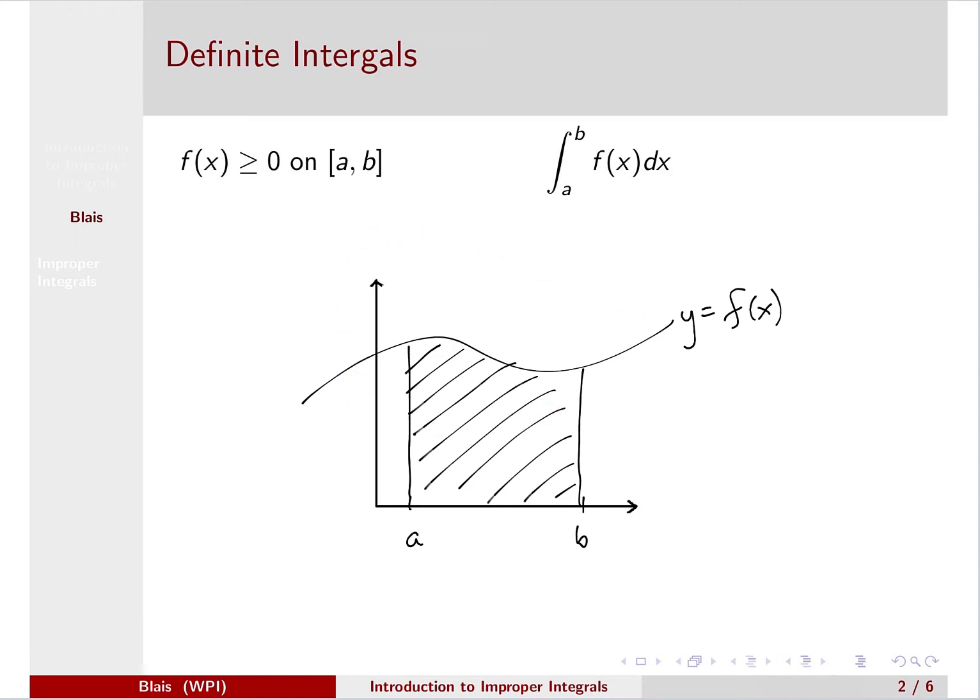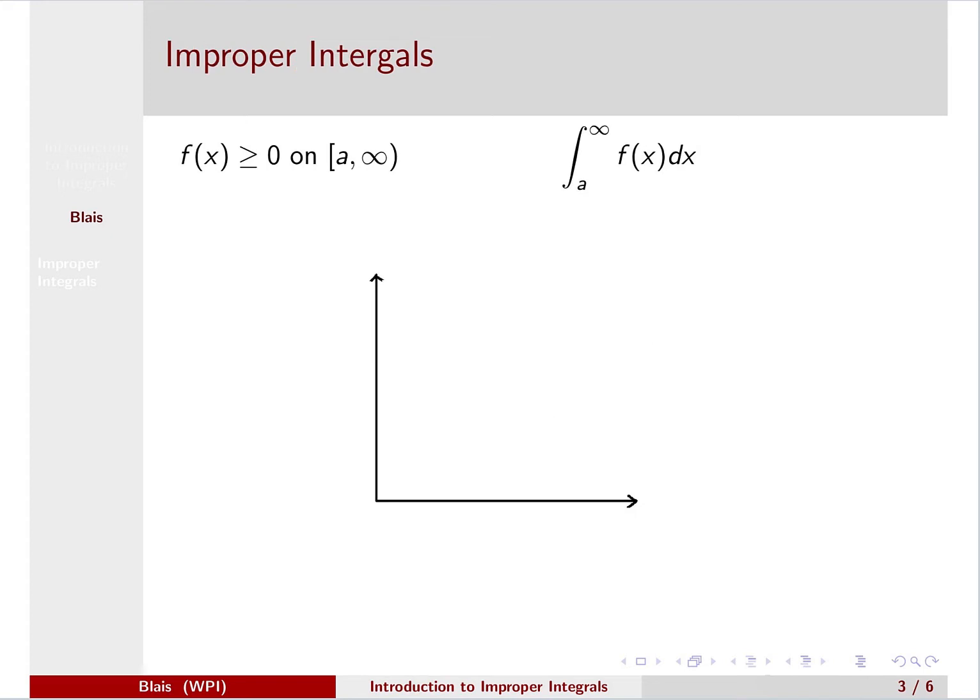We're going to modify this scenario a bit. In particular, we're going to change these endpoints to be infinite. So an improper integral, often called the first type of improper integral, we now have a function that's defined on a to infinity, greater than or equal to 0. You don't necessarily need that, but it makes things a little bit nicer. And we now want to define the integral from a to infinity of f of x dx.